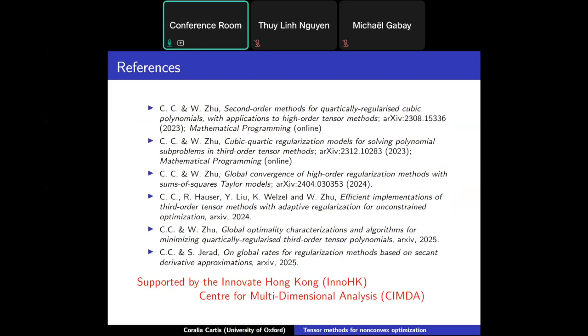But if you're very careful, if you use some scaled optimality measures, you can get good rates and theory. There is more.